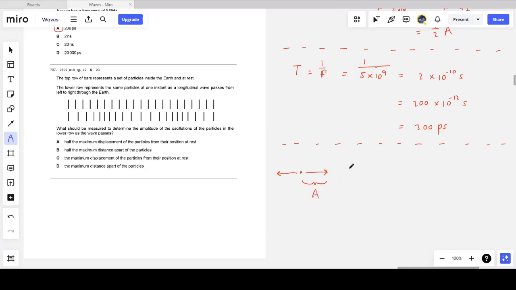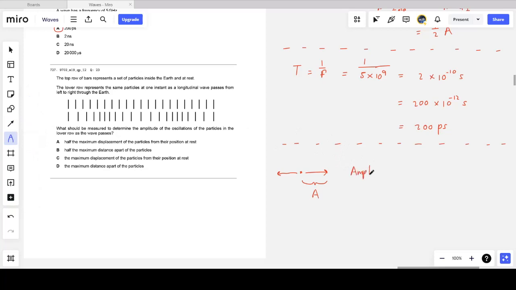So that's the amplitude, the distance from rest position to their furthest point, the maximum distance of the particles away from the origin. But it's a vector.